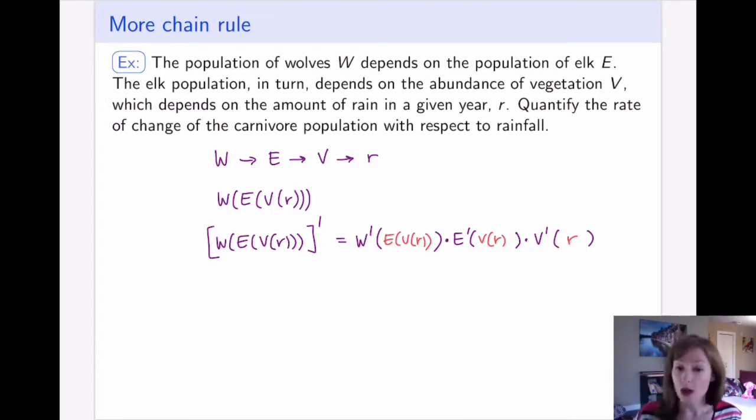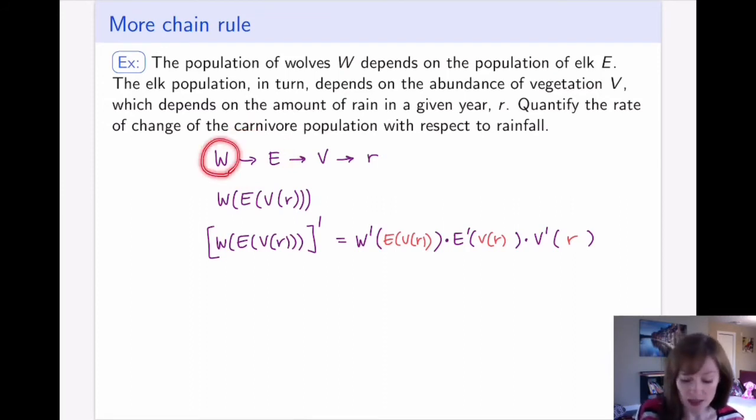Now, the problem is this notation is not only looking pretty bulky, but it's also making one fact really not clearly articulated, and that is the fact that when I take a derivative of W here, what am I taking it with respect to? The chain of command here says that W, the wolves, depend on E, the elk.